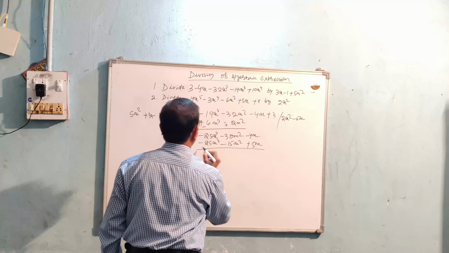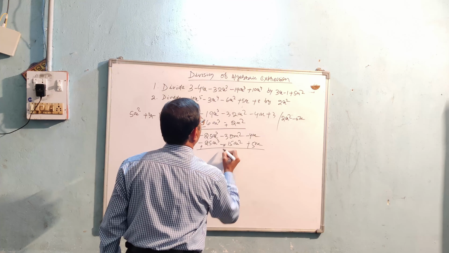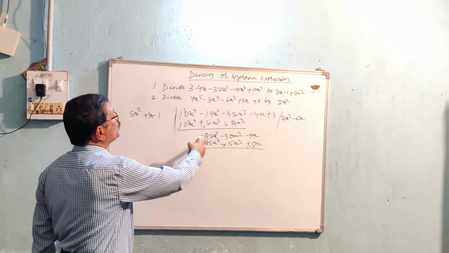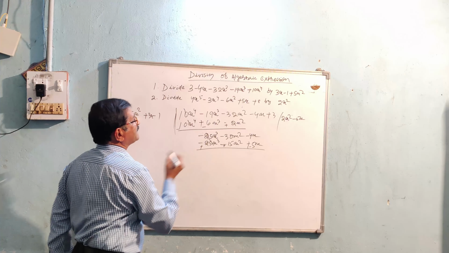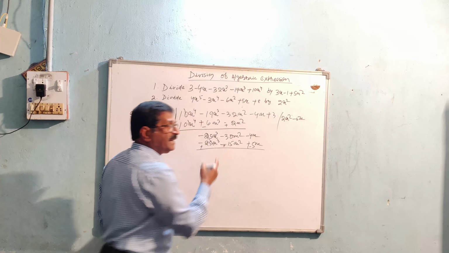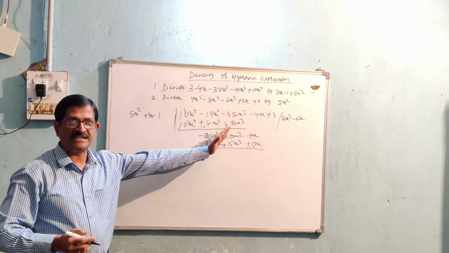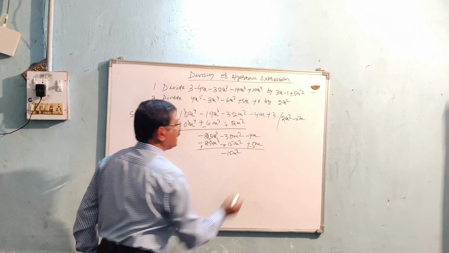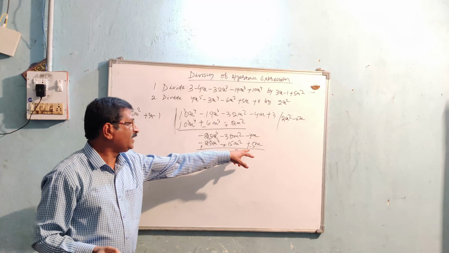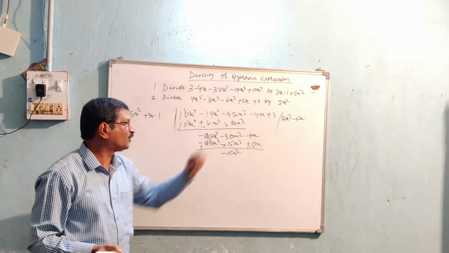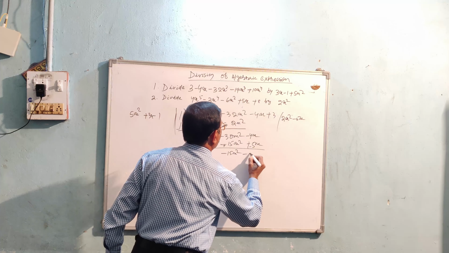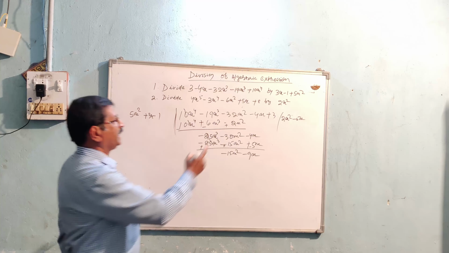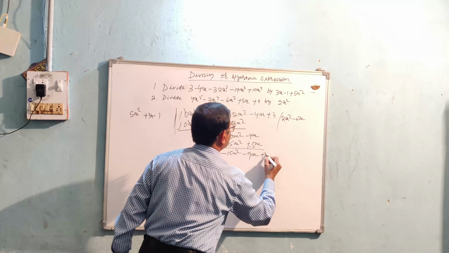Now again you change the sign: plus, plus, minus. So minus 25x cube plus 25x cube cancel. Plus 15x square minus 30x square becomes minus 15x square. Your minus 5x minus 4x becomes minus 9x. Okay. Now you bring the last one.